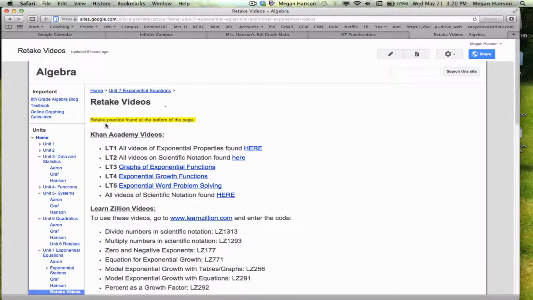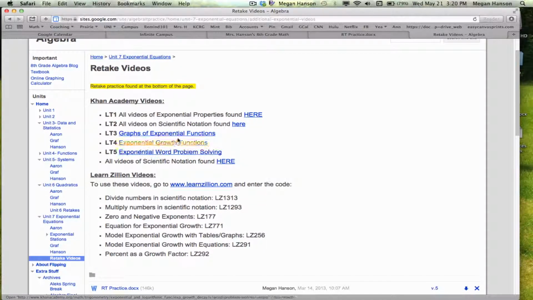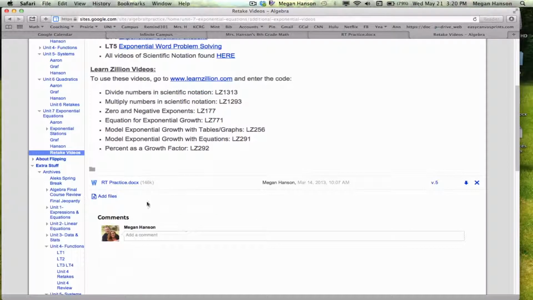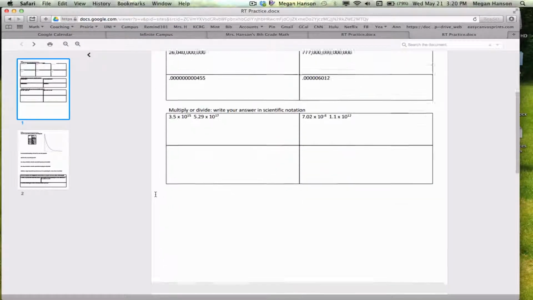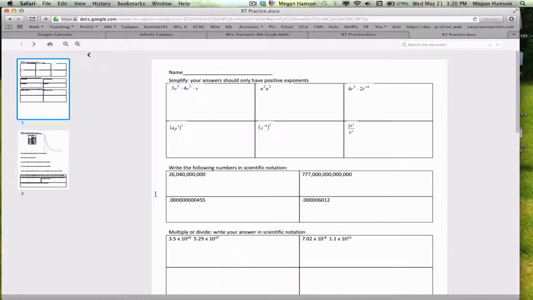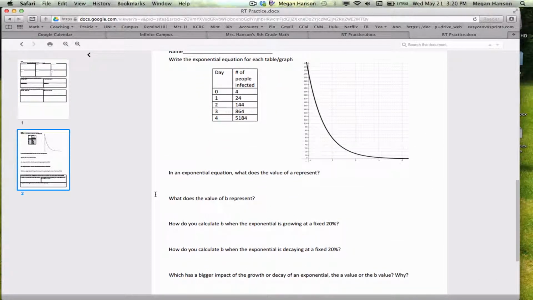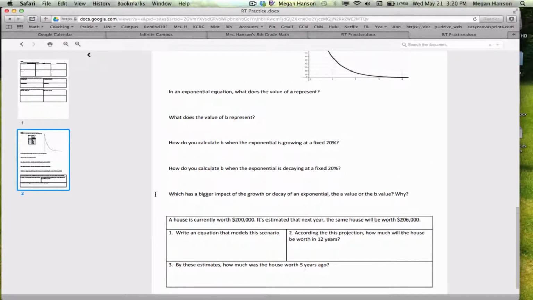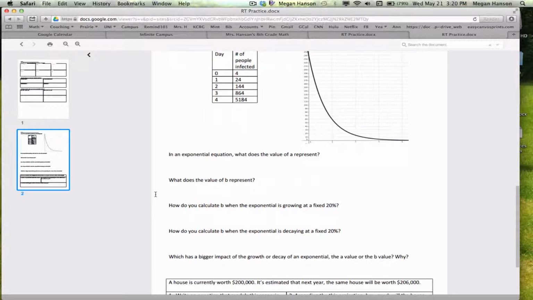I'm going to put this video right here, and then you can do some practice on either LT3 and 5 or just 5, or do some more practice on LearnZilla, and then what you have to do is take this retake practice sheet, skip the first page. If you want to redo that stuff, you can. But you have to do this second page here for LT5.